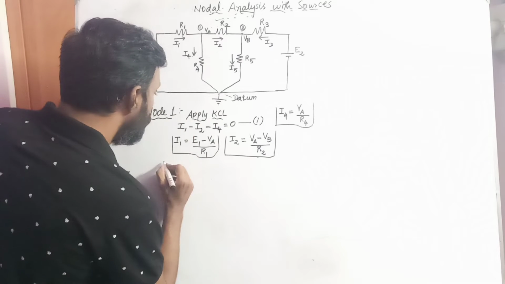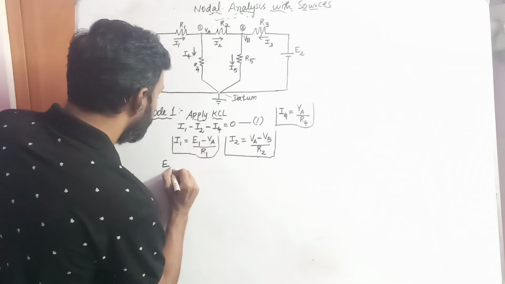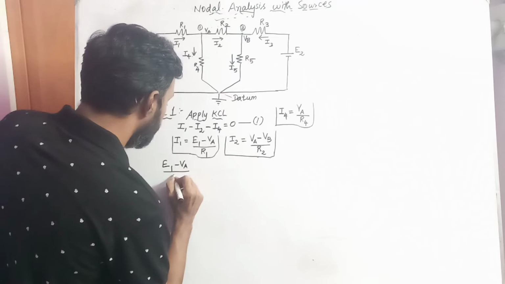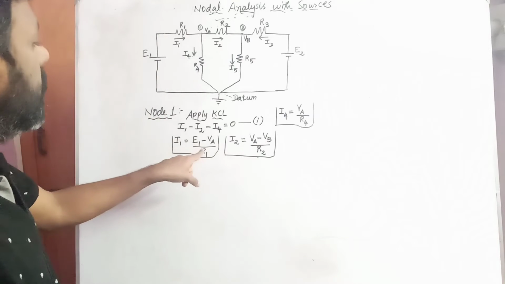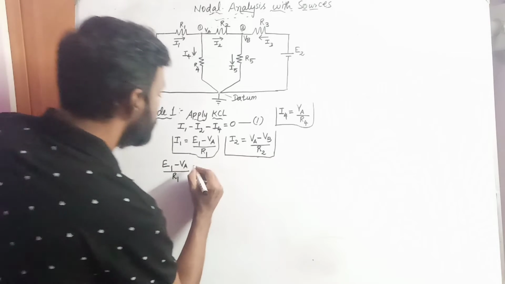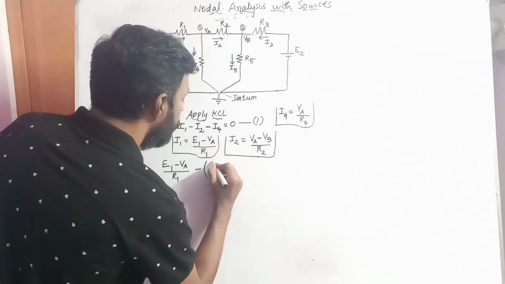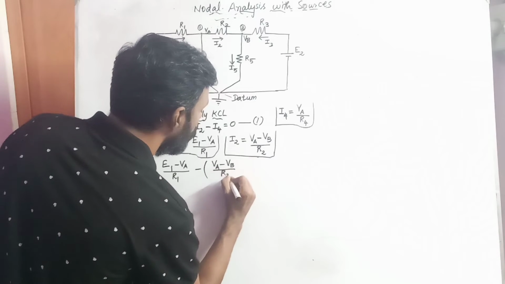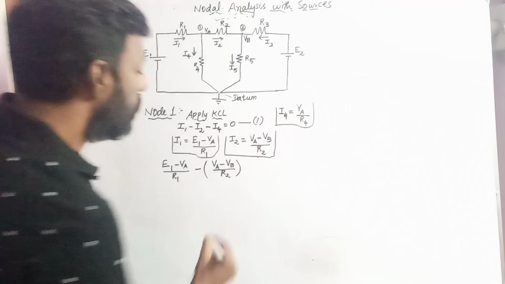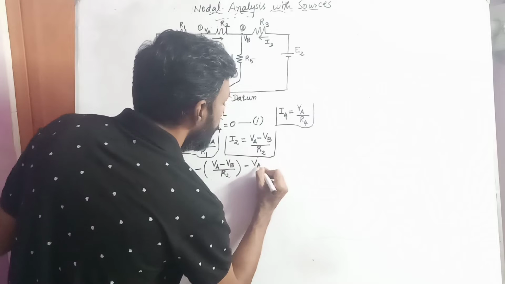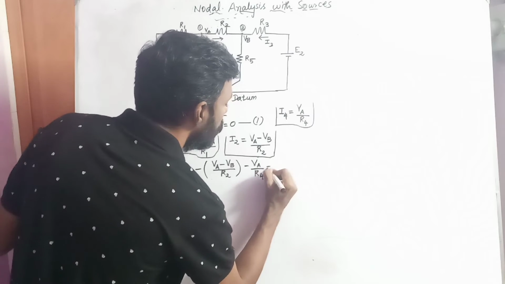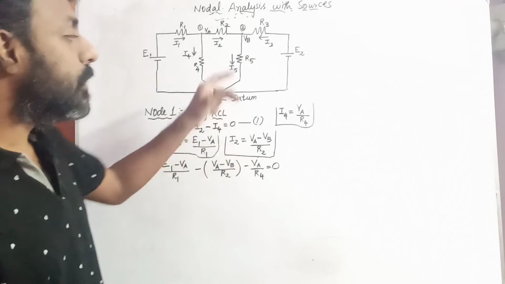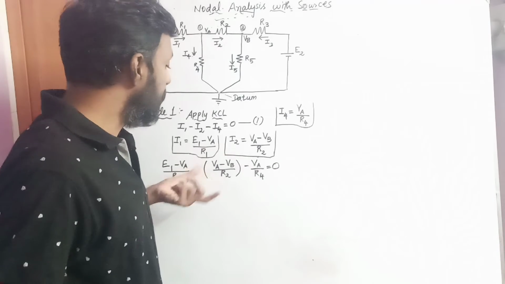I1 is E1 minus VA divided by R1, minus I2, which is VA minus VB divided by R2, minus I4, which is VA divided by R4, equal to 0. I am equating all the parameters which I had found to 0.